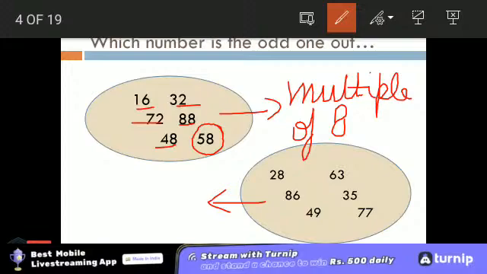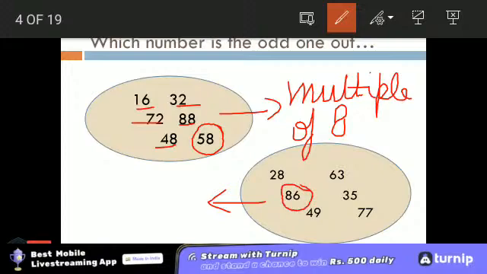Someone says 86. Great. Anjali Agarwal is smart. 86 is the answer. That's perfectly told. Ritik says it's 77. Again, I got an answer, 86. Yes, students. 86 is the odd one out.